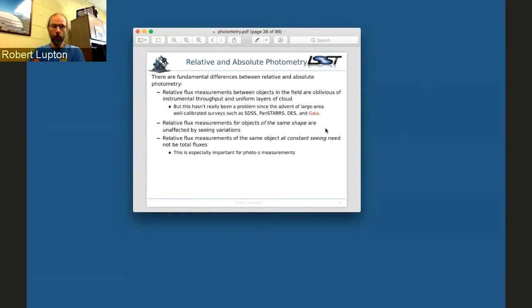Now, the relative flux measurements of the same object at constant seeing is incredibly important for photometric redshifts, where you don't need to get the total flux of the object. You only need to get the flux of a well-defined part of the object. Because if you measure the photo Z of 1 square kiloparsec of a galaxy, it's the same as the photo Z of a different square kiloparsec. We can't resolve the rotation curves with photometric redshift.